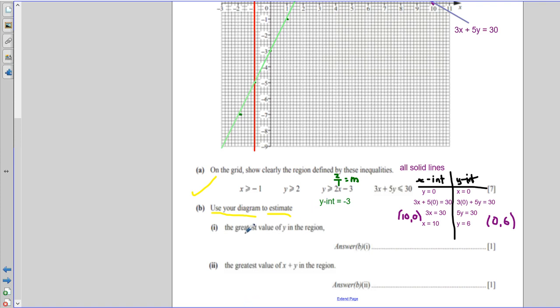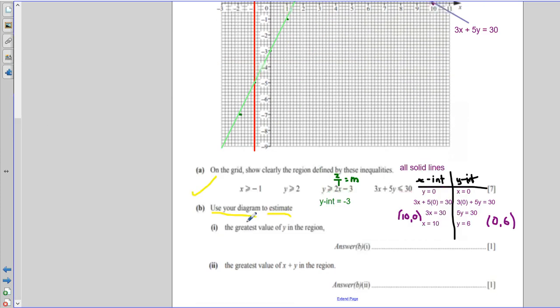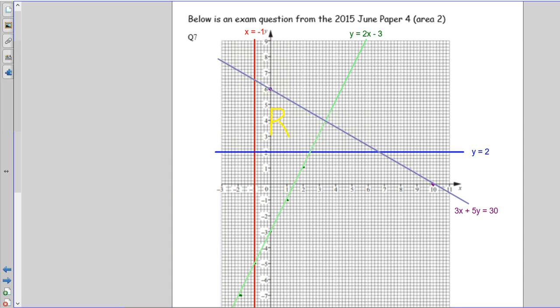So from this region that we've labeled R, use your graph to estimate the greatest value of y in the region. So the greatest value of y in the region is, remember this is the y-axis, going to be the highest point. You could have a look on your graph, the highest point of y is right here.